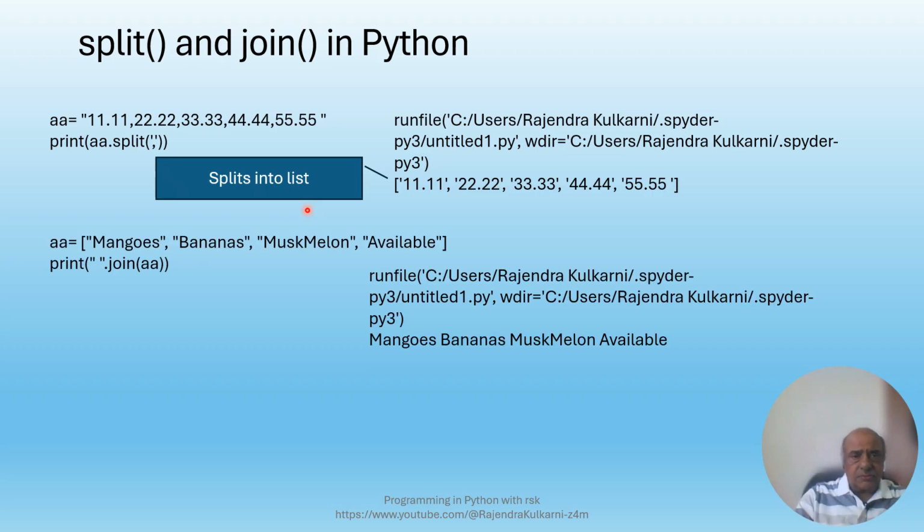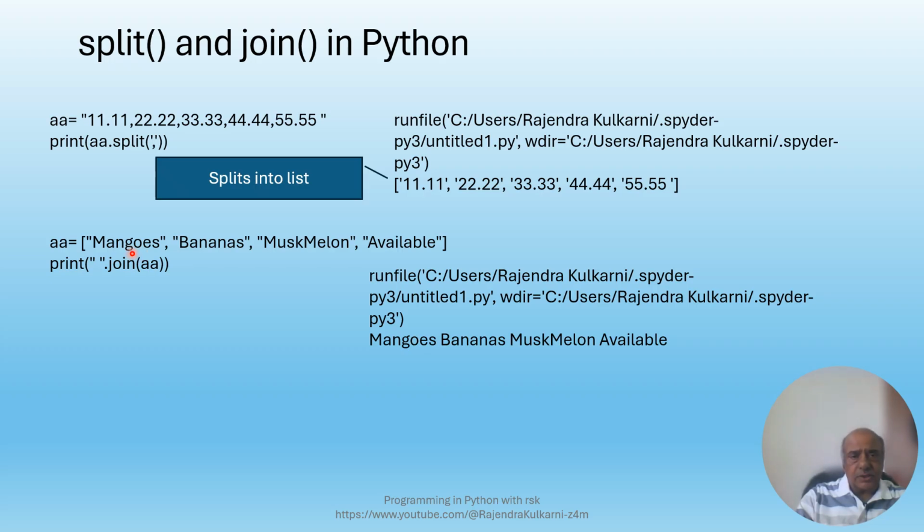Then there is another function which is named join. What it does is it converts a list to a string. Here what we are doing, A is a list. What are lists? That we will see in our next 2 or 3 videos.